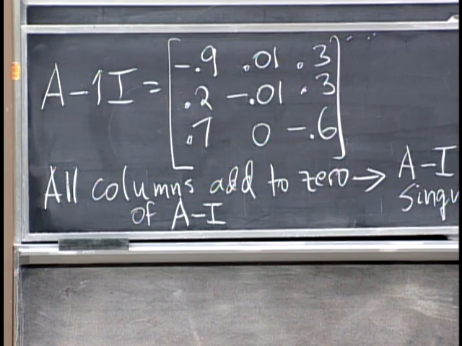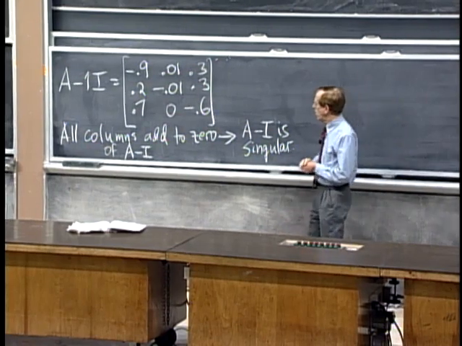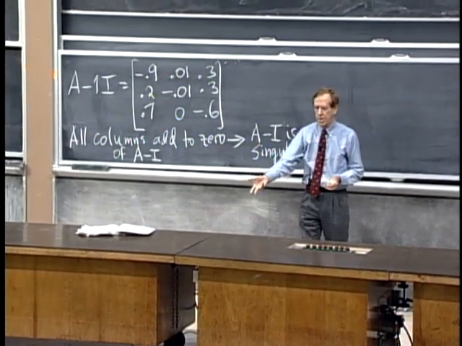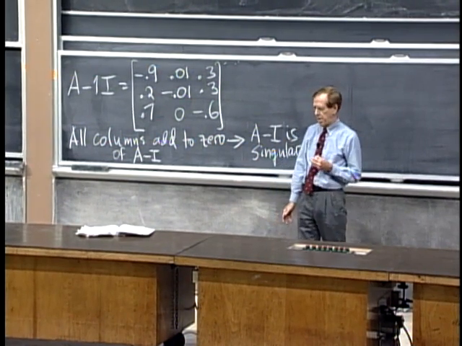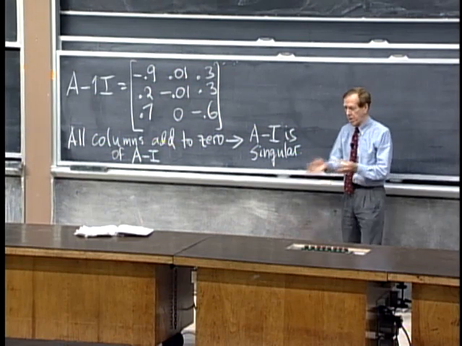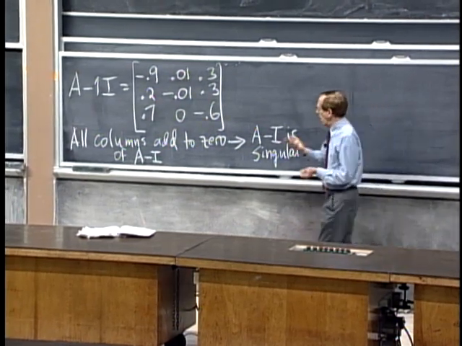What combination of those rows gives the 0 row? How could I combine those 3 row vectors to produce the 0 row vector? And that would tell me those rows are dependent, therefore the columns are dependent, the matrix is singular, the determinant is 0.